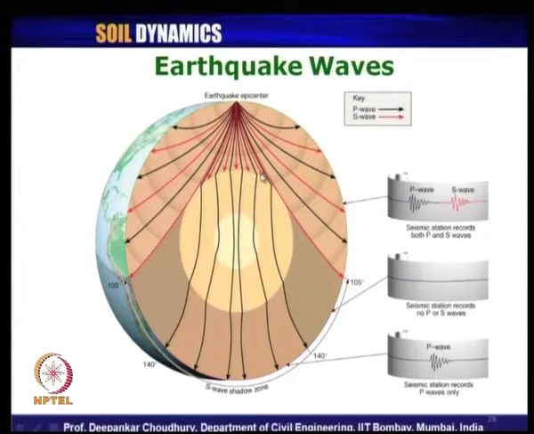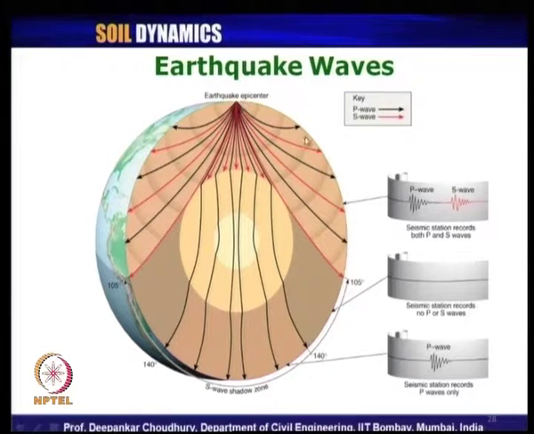P waves can get transmitted into the liquid media, whereas shear waves cannot. So they stop here itself, whereas P waves get transmitted, that is refracted, then again from this boundary they get refracted and come here. So, the zone from about 103 or 105 degree to 143 or 140 degree is the shadow zone for P wave, and this entire zone is the shadow zone for S wave.